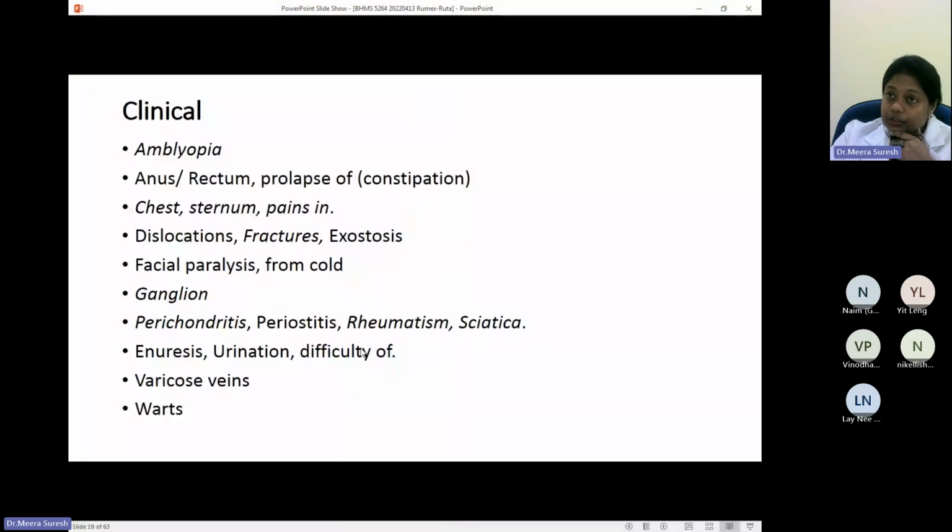So we generally tend to minimize its action or limit it, or we remember only the rheumatic complaints, because of Ruta and Rhus tox's close similarity. But this is a good remedy for the anal and rectal prolapse, facial paralysis, exostosis, and warts. That's also very important.